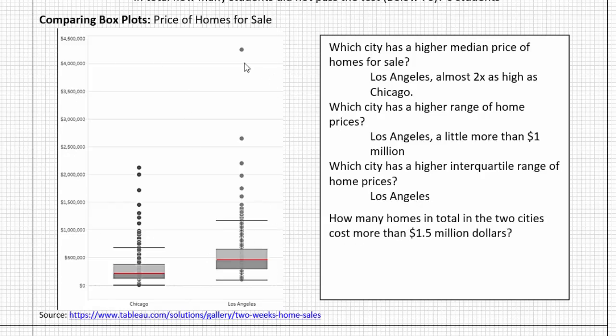How many do you see between the two cities that are listed at more than $1,500,000? Well, I counted them up. Hopefully you agree. I would say that there are 9 homes between the two cities in this 2-week time period in 2013 that were for sale for more than $1.5 million.